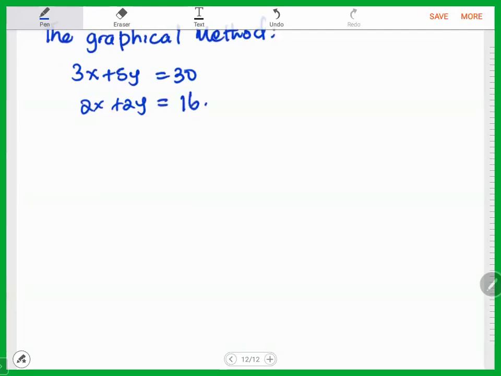Assuming that is the case, and we have been told to solve the two using the graphical method, we are saying that we determine two points on each equation.